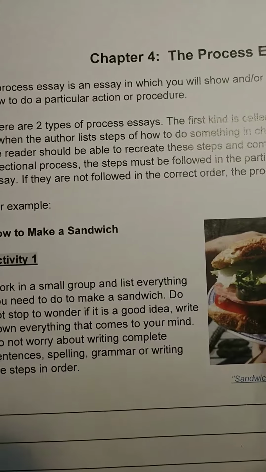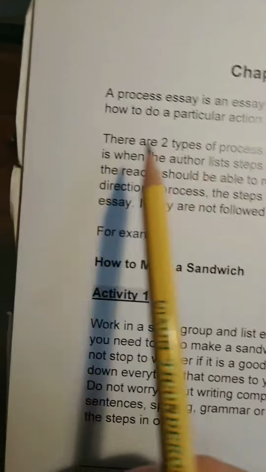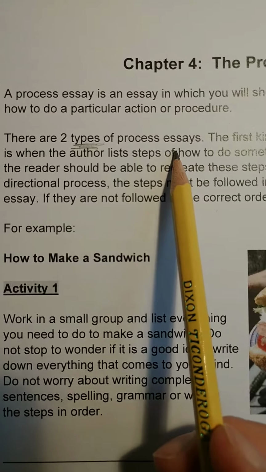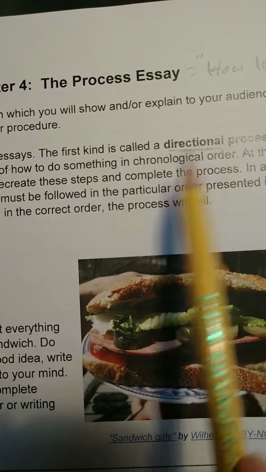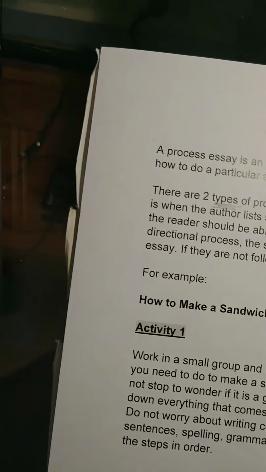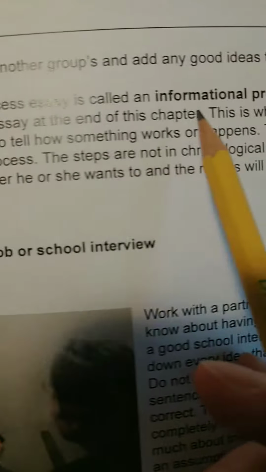So you can read a little bit of this information, but the most important thing is that there's 2 types of process essays. One is directional, and the other one is, where is it? Oh, okay, over on this page, page 67.